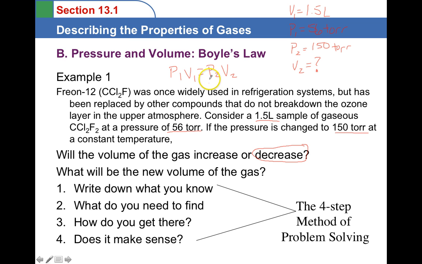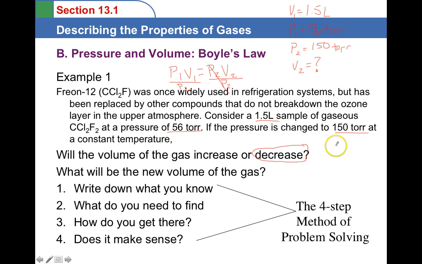All right, to isolate that variable, I'm going to get rid of the P2. Since it's multiplied, I'm going to need to divide. So divide by P2, and if I do it to one side of the equation, I have to do it to the other because that's the law of math. That's the algebra law. My P2's over here are going to cancel out, leaving me with V2 all alone.